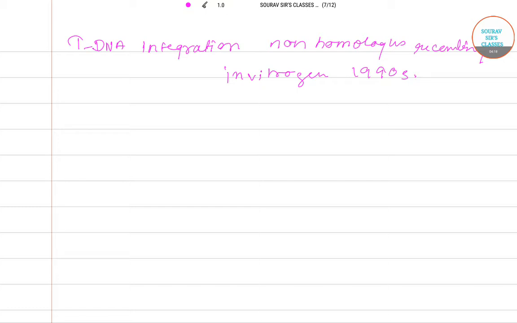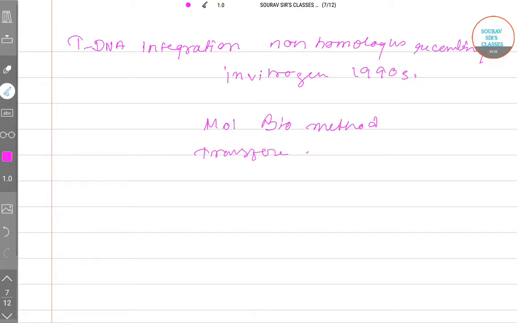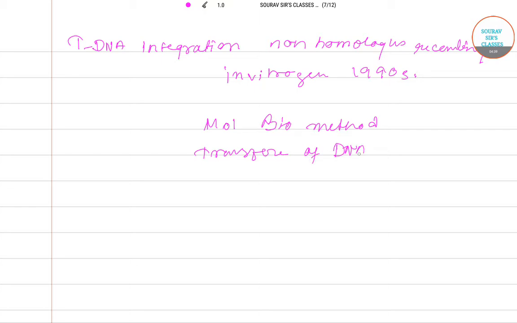It is a molecular biology method that enables researchers to efficiently transfer DNA fragments between plasmids using a proprietary set of recombination sequences.